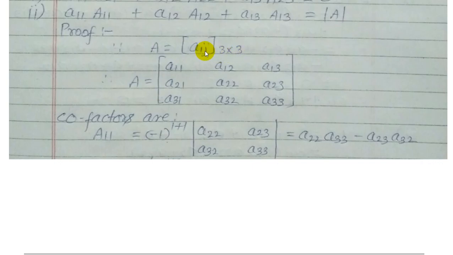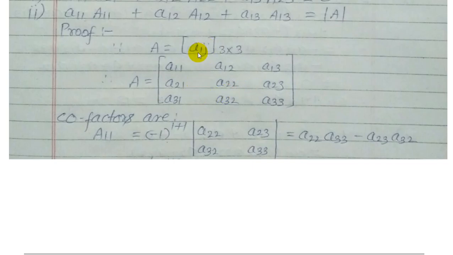If we expand it, put i equal to 1, 2, 3 and j equal to 1, 2, 3, and expand it row wise or column wise. So elements will be: this is A11, A12, A13, meaning i equal to 1 and j equal to 1, 2, 3. Second row, i equal to 2 and j equal to 1, 2, 3: this will be A21, A22, A23.